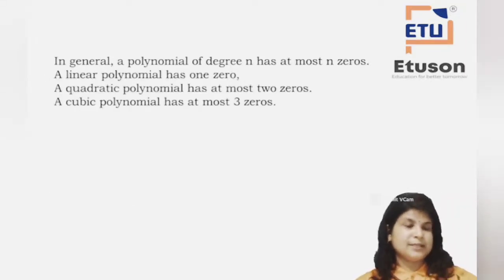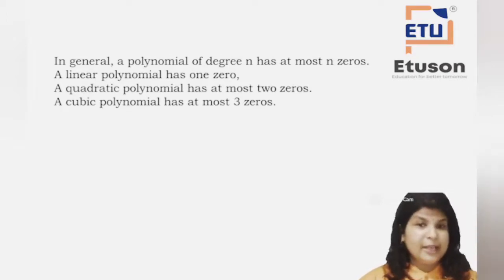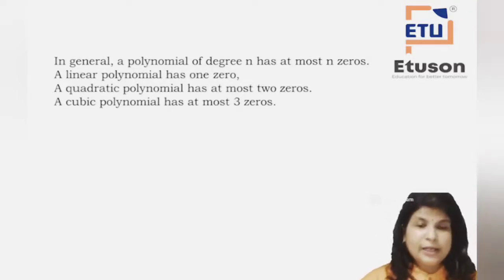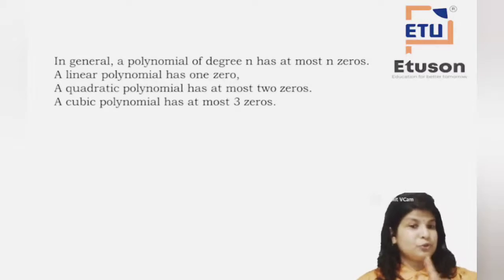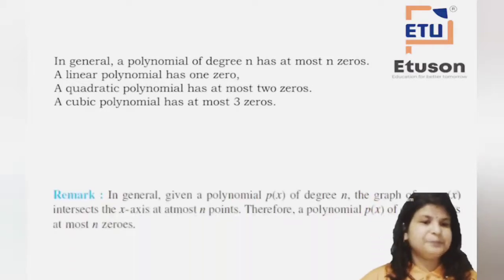So I can just summarize. In general, a polynomial of degree n has at most n zeros. A linear polynomial has 1 zero. A quadratic polynomial has at most 2 zeros and a cubic polynomial has at most 3 zeros. Correct?